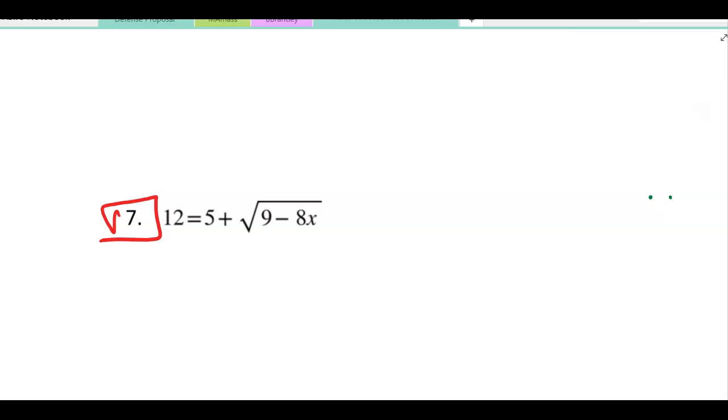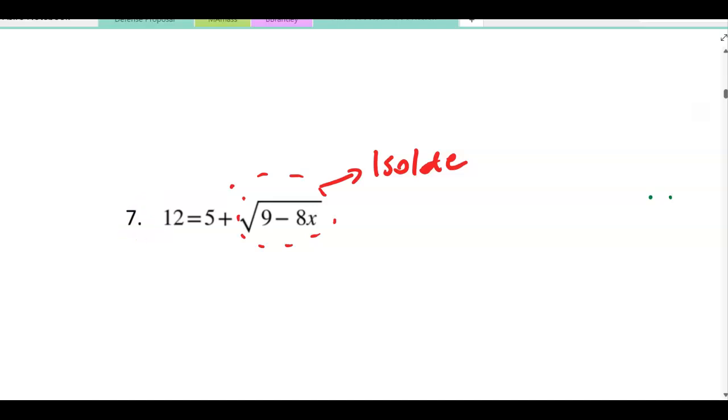All right, so this one we're solving a rational equation. For the rational equation, the idea is to isolate the term. So what do I need to do? I need to get rid of that 5. I'm going to rewrite here 12 minus 5, 7, and we are going to be left with the square root of 9 minus 8x.